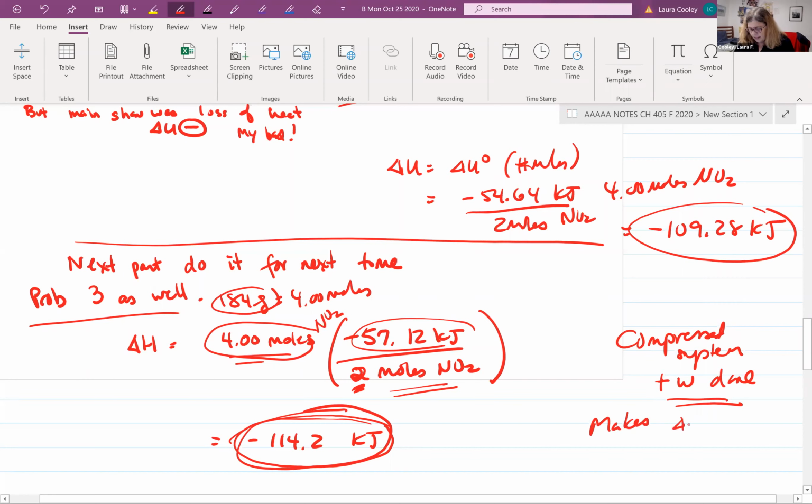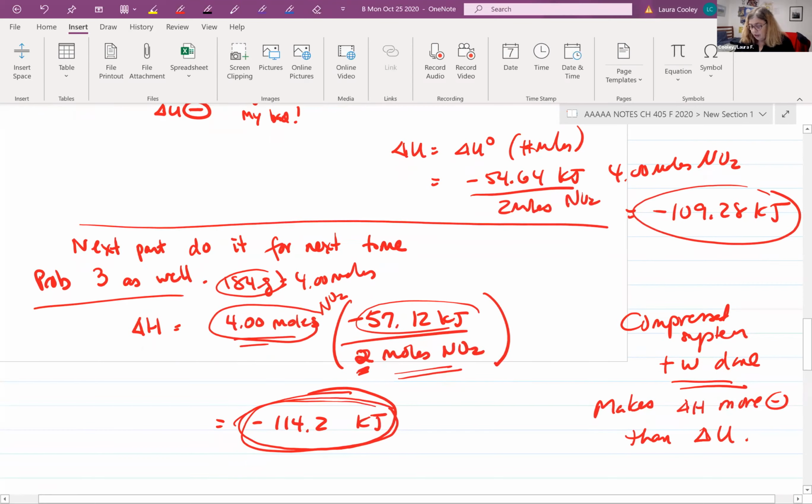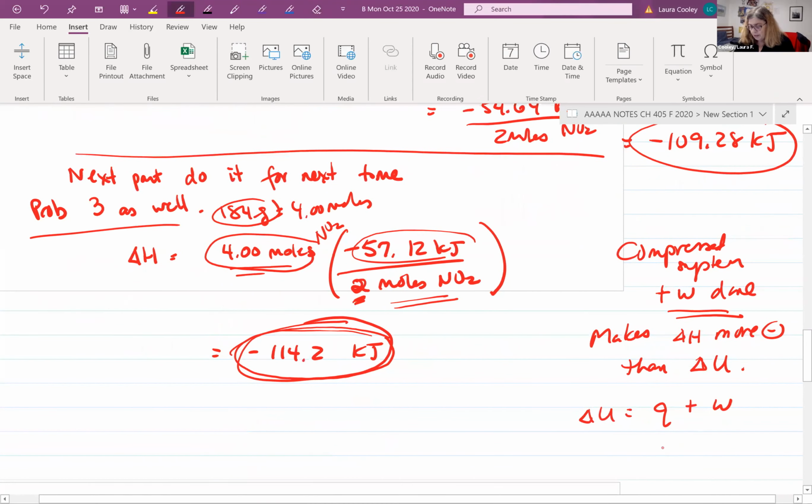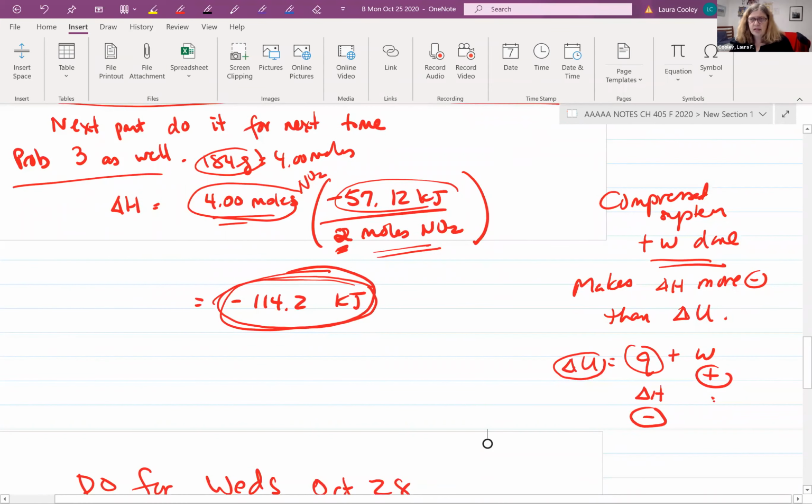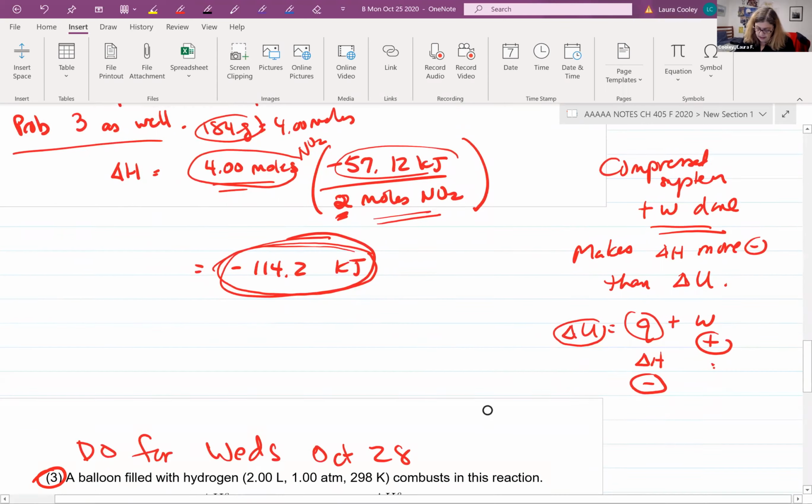It makes delta H more negative than delta U, because delta U, after all, is Q plus W. Q is delta H, that's negative, and W is positive. So this will be a little less negative than this because a positive is added to it. A little bit of work was done on the system, a lot of heat was released, and overall delta U was negative. That's really the end of that problem.